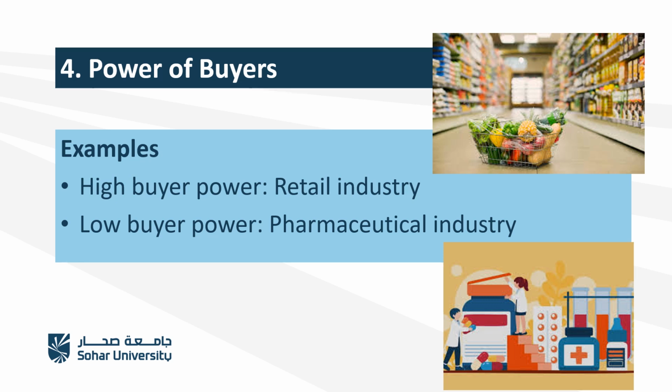But we can see that there is low buyer power in the pharmaceutical industry, which refers to the pharmacy, because it is very specific. They sell medicine, and not everyone can sell medicine, because to open this type of shop they need a pharmaceutical license.